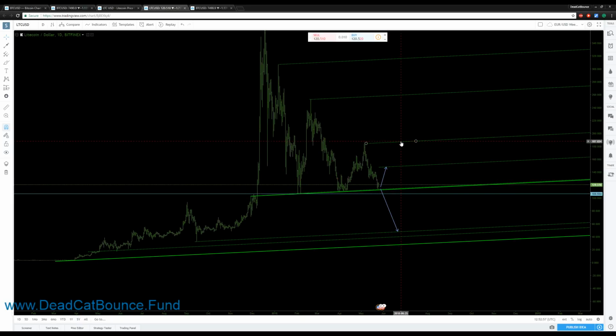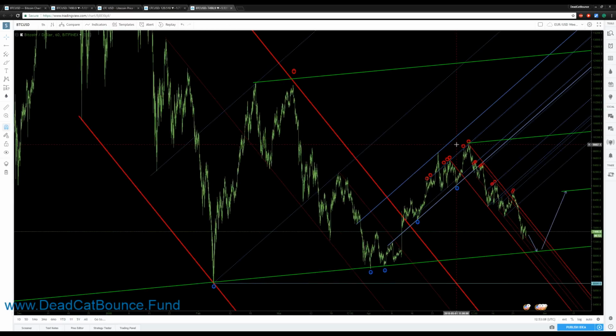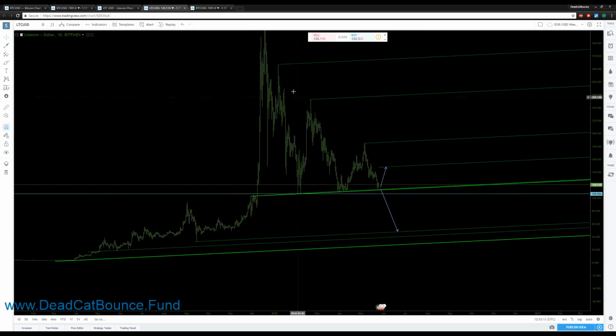Actually it has to be breached, you have to breach this level to the upside, like you want to see 200 bucks Litecoin. And in Bitcoin, it's going to be just a move above 10K. Pretty much this will signal the return of the bull market.